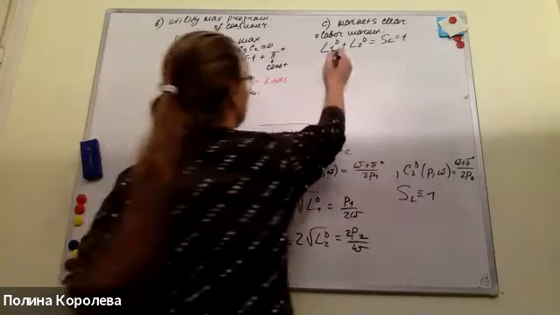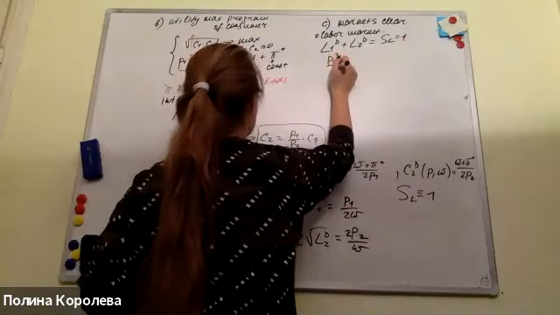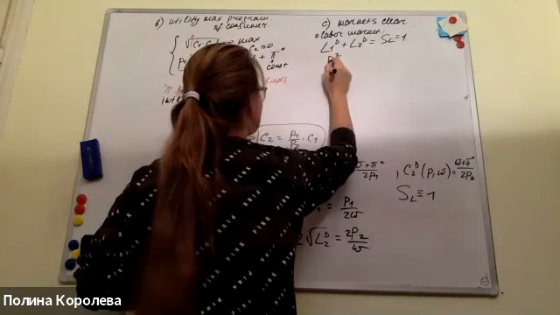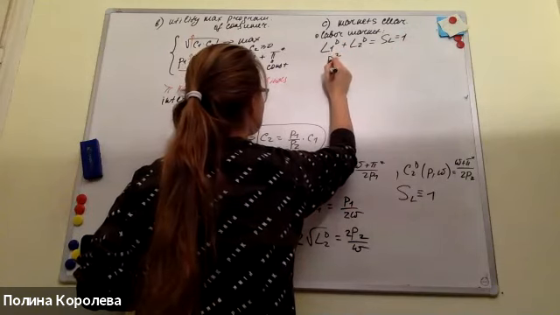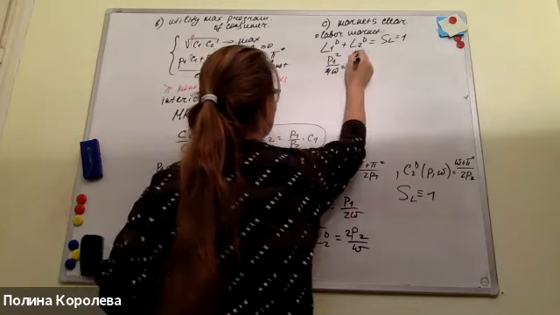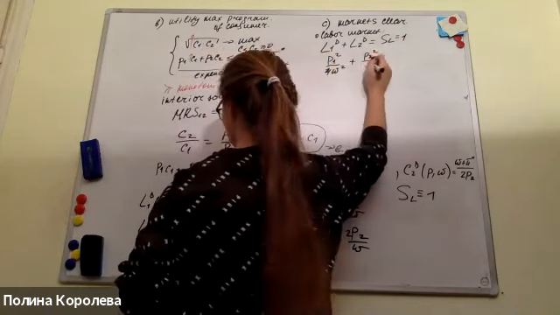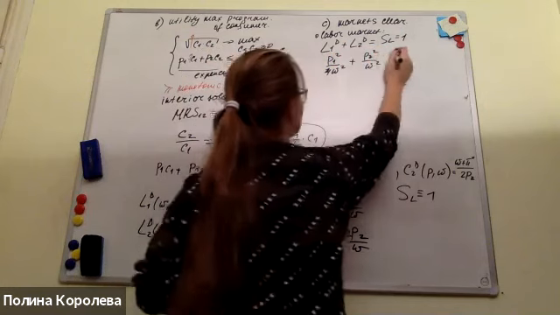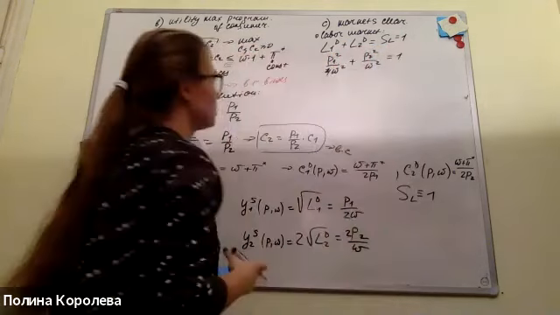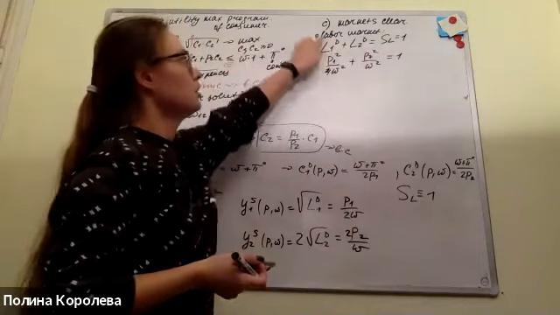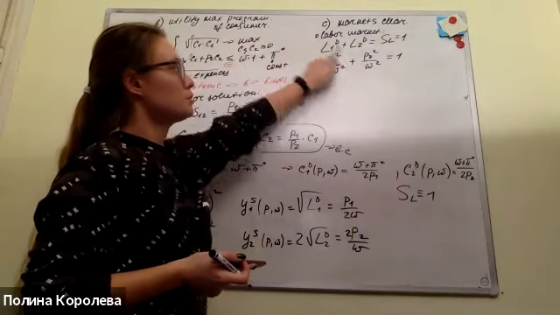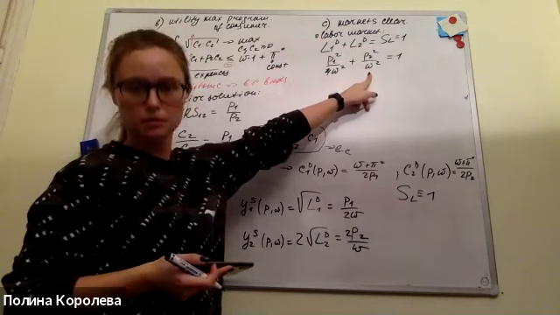Put P1 square over 4V square plus P2 square over V square equals to 1. As we are working with labor market, we should express from here wage.